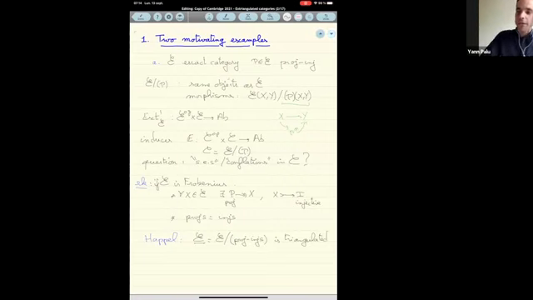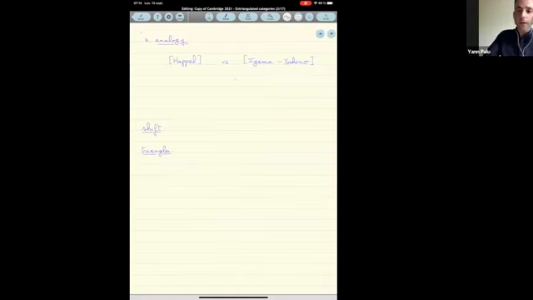So a second related example is an analogy with these results of Happel, starting from a Frobenius exact category and saying that the stable category is triangulated.